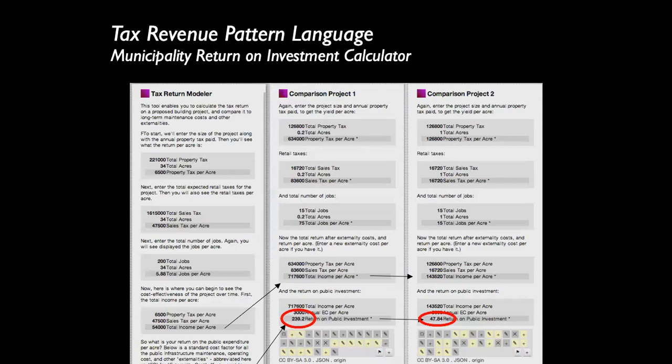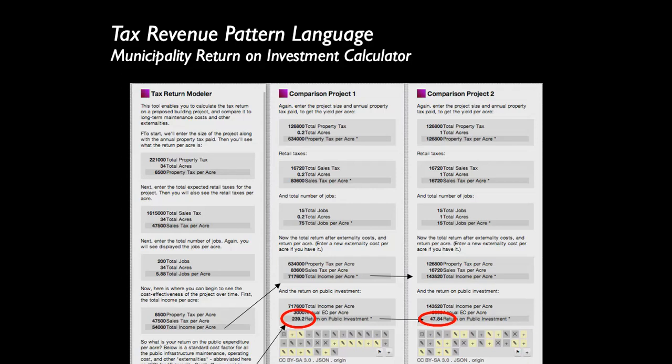We tried out some other experiments on things like the municipality's return on investment for infill versus out of town development and understanding that as a return on investment. This is work that Joe Minicozzi and Chuck Marone and others have done.